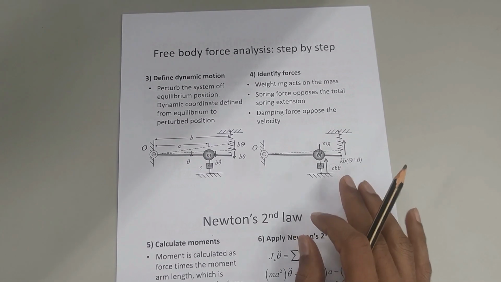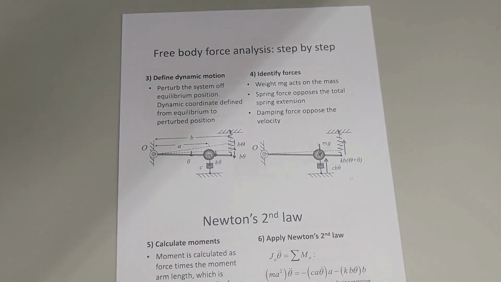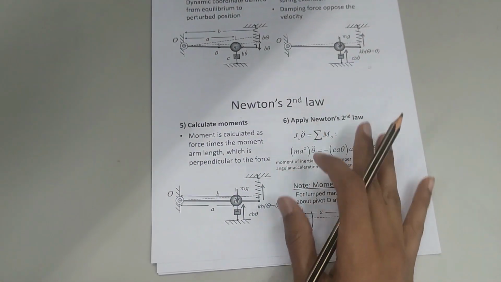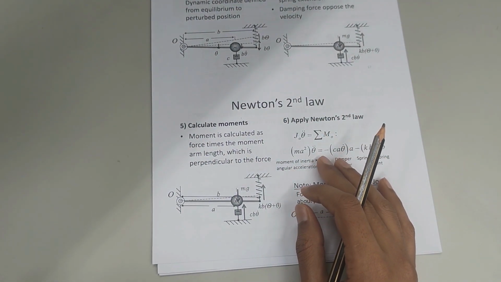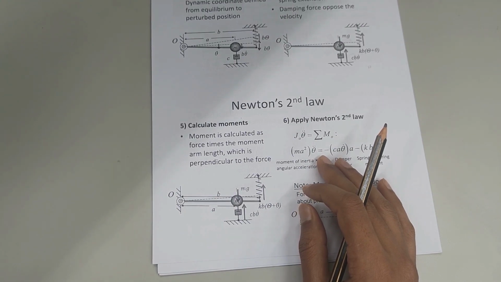Okay, so now we have to calculate the moments. We have already identified the forces, so now we calculate the moment. The moment is the force times the moment arm length, which is perpendicular to the force.